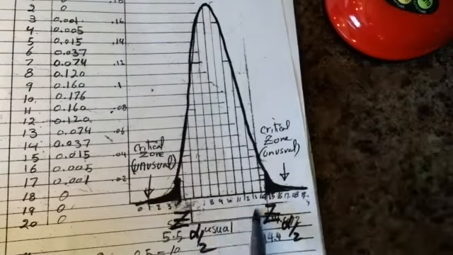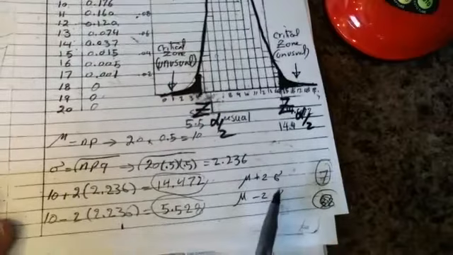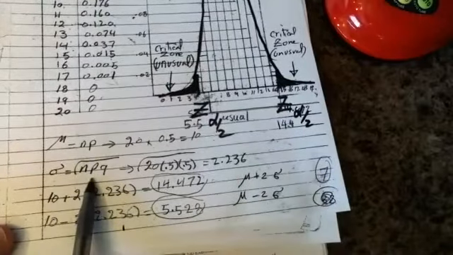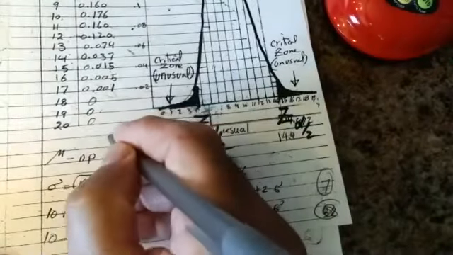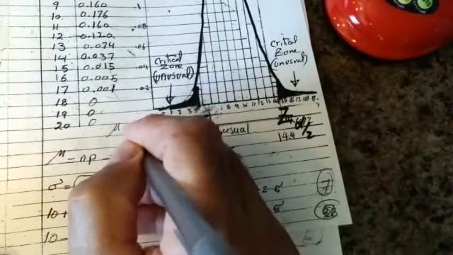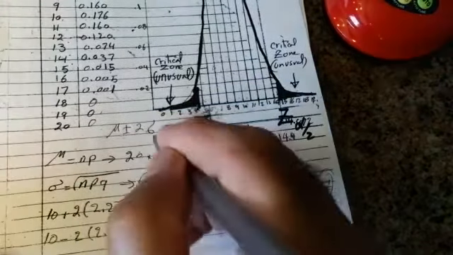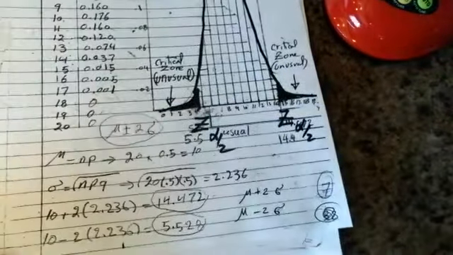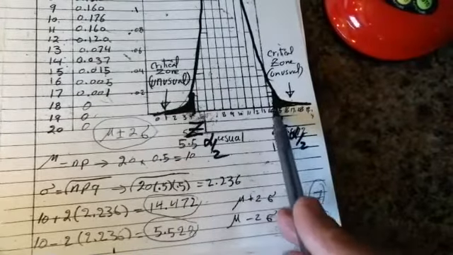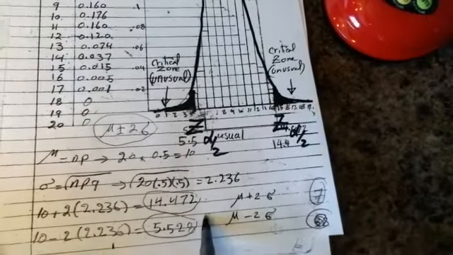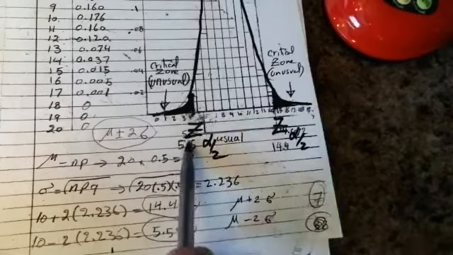How do I find these two numbers? Remember when we find the mean and standard deviation, then it would be the mean plus or minus 2 standard deviations. When we find these 2 points, then any number greater than that, like in this example, we figure those numbers are 14.4 and 5.5.